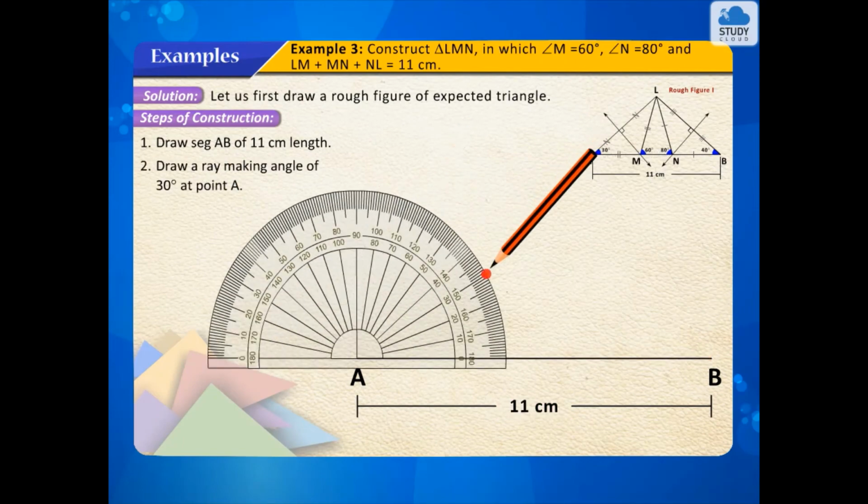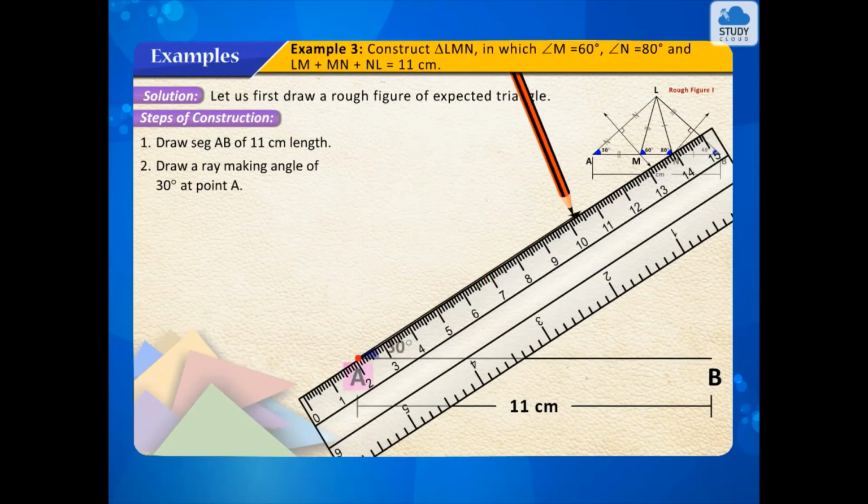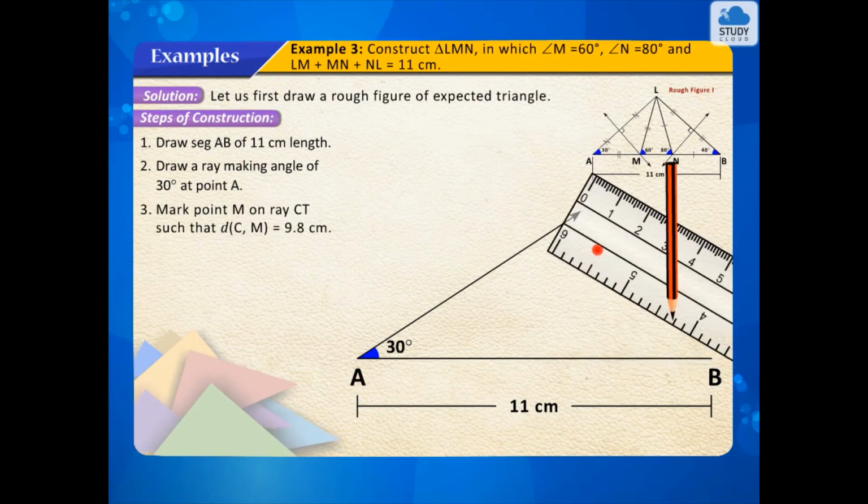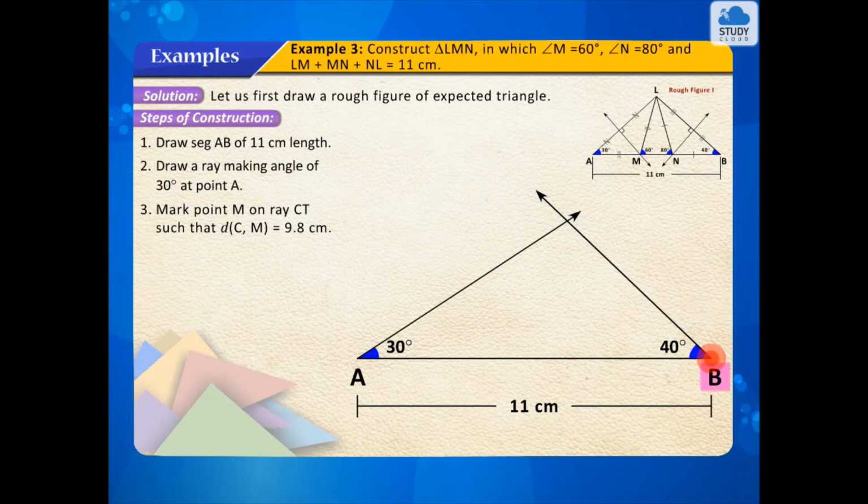2. Draw a ray making an angle of 30 degrees at point A. 3. Draw another ray making an angle of 40 degrees at point B. 4. Name the point of intersection of the two rays as L. 5.